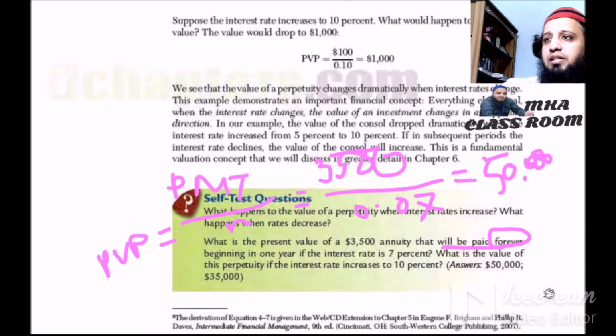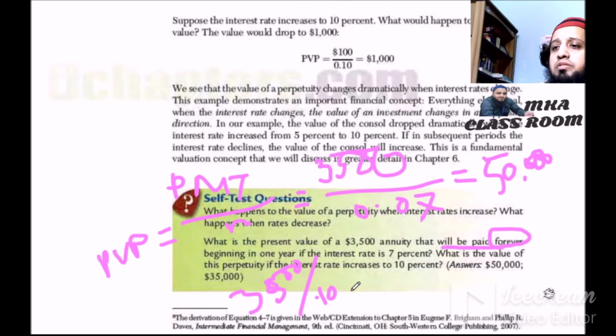And again here it has said, what is the value of this perpetuity if the interest rate is increased to 10%? So simply 3,500 divided by 0.10, that is 35,000.